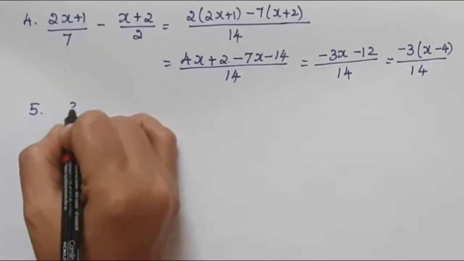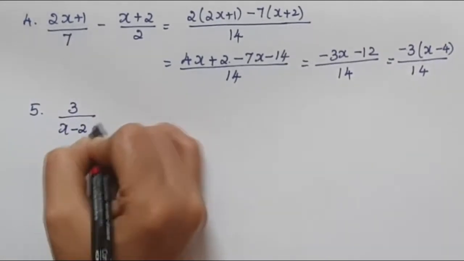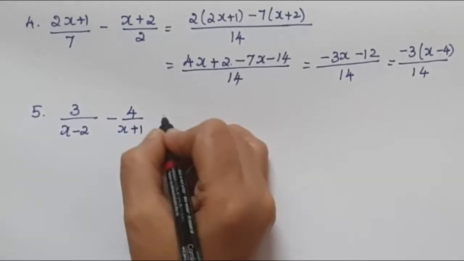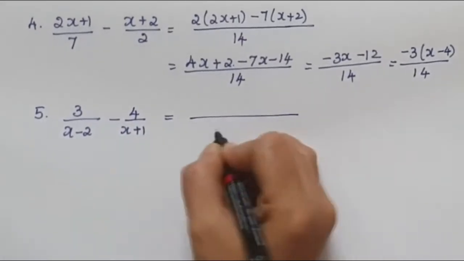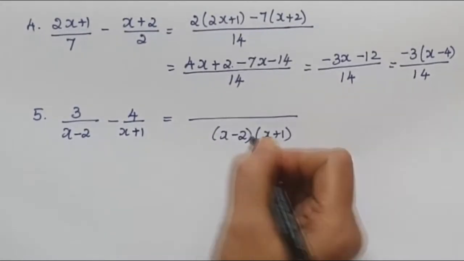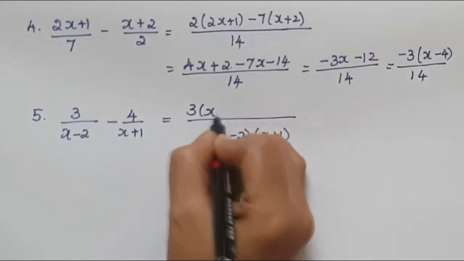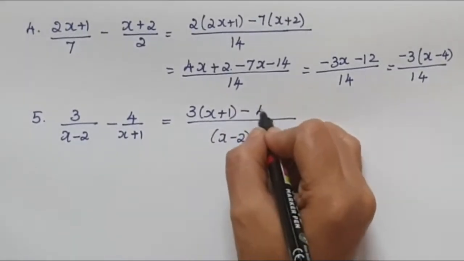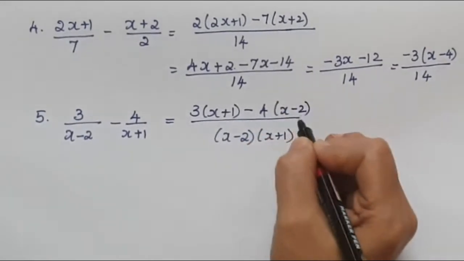Now the fifth one, 3 over x minus 2 minus 4 over x plus 1. The same way, the denominator is x minus 2 into x plus 1. 3 into x plus 1. There is a negative sign, so write the negative sign. Minus 4 into x minus 2.